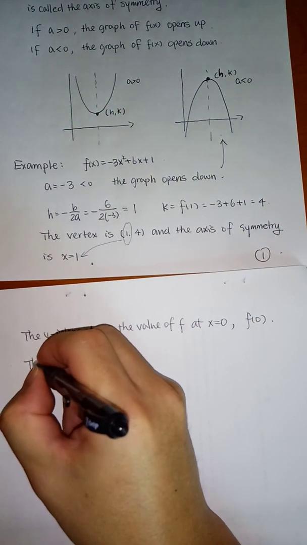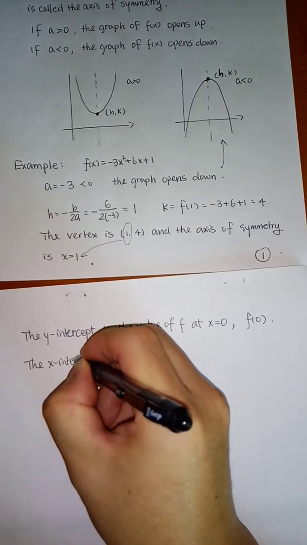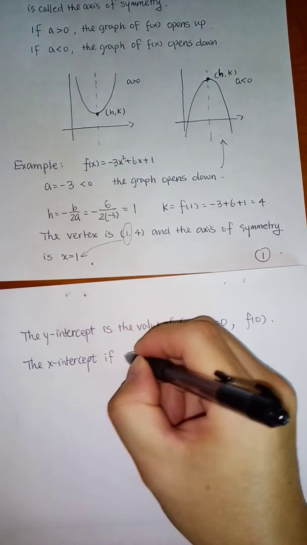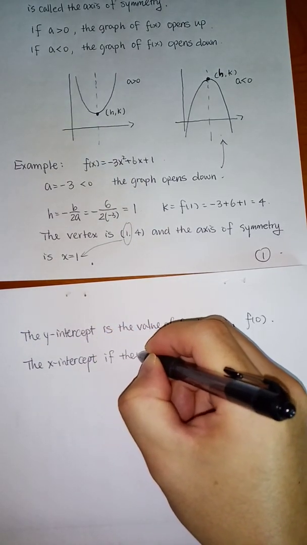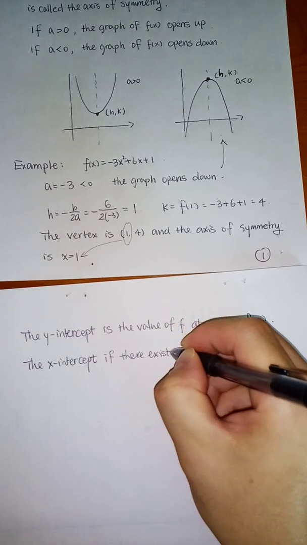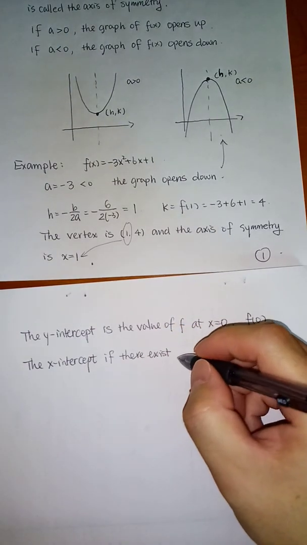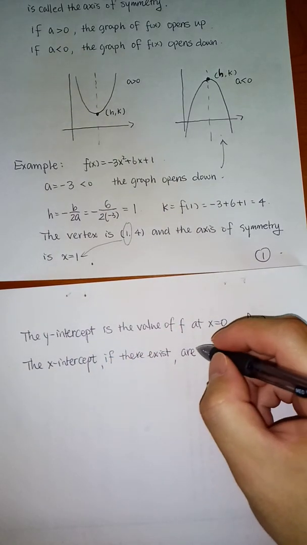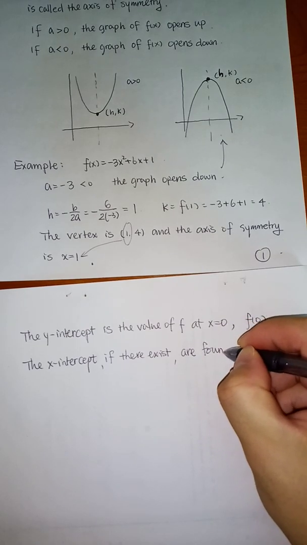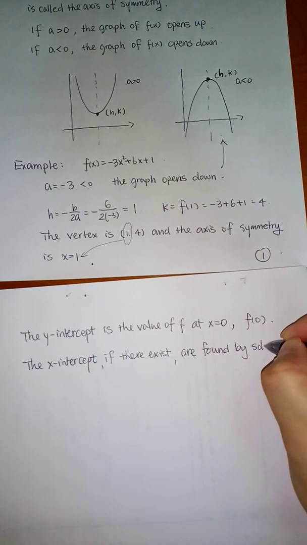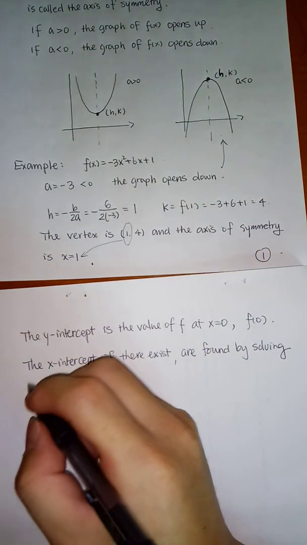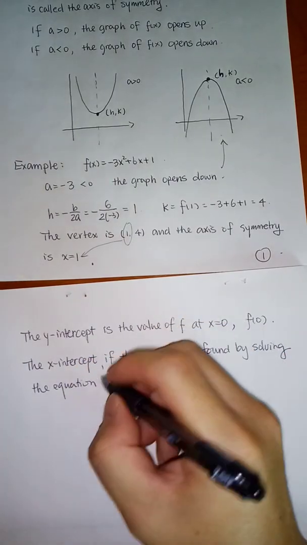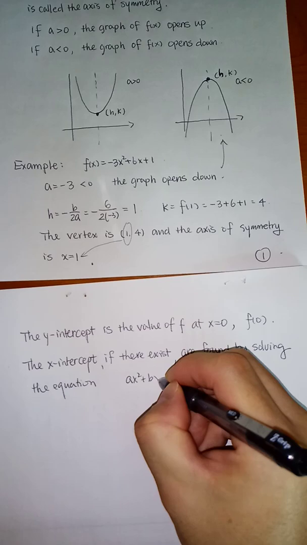The x-intercepts, if they exist, are found by solving the equation ax squared plus bx plus c equal to 0.